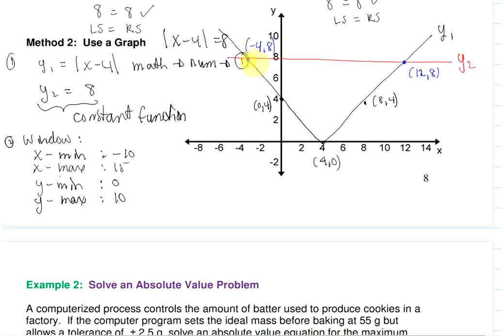Remember how to find intersection points on your graphing calculator: you want to go to second trace, choose item 5, and then find your points of intersection. What we are interested in are the x values of our points of intersection. And so then we can tell that x is equal to 12 and x is equal to -4.